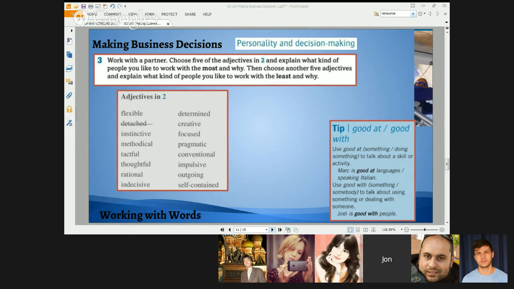Well, I'll tell you what. Let me get one answer from both Yuki and Andre before we run out of time here. Okay, so Yuki, what would you say? The kind of people you least want to work with.